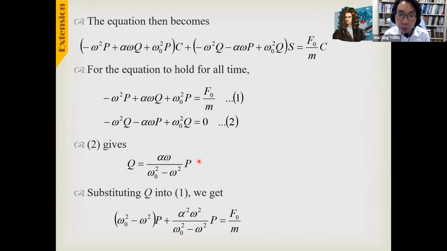I can use this q to substitute into the first equation, so the first equation becomes solely in terms of p. I replace q by this expression and collect the p terms. Now p can be solved.